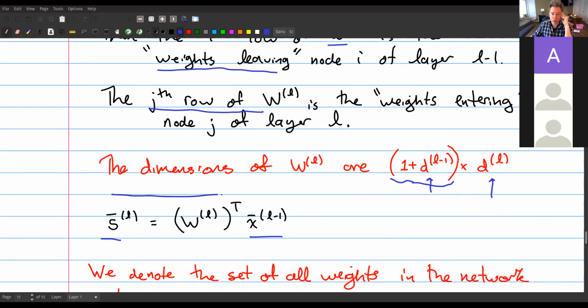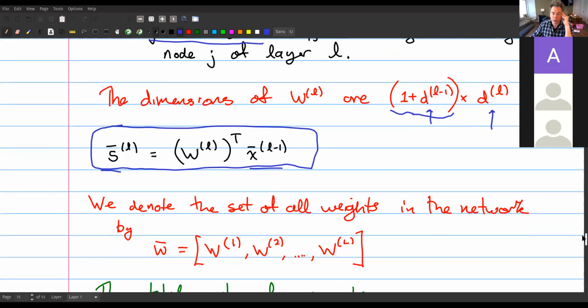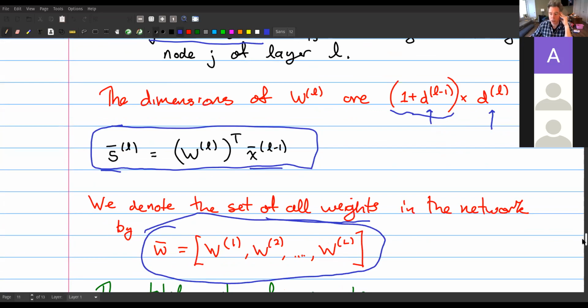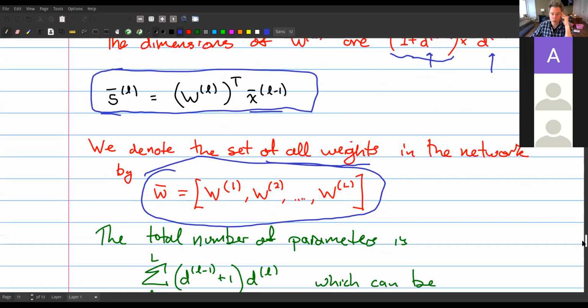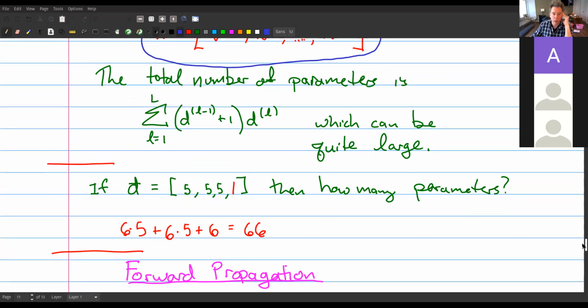But anyway, here's the equation for the inputs to layer l as a matrix product of the outputs from layer l-1. Once you get used to it, it's not so bad. And then the set of all weights in the network, we're going to use W bar to describe it. It is just the vector of all of the layer transition matrices. Then here is the total number of weights, which can be pretty big.